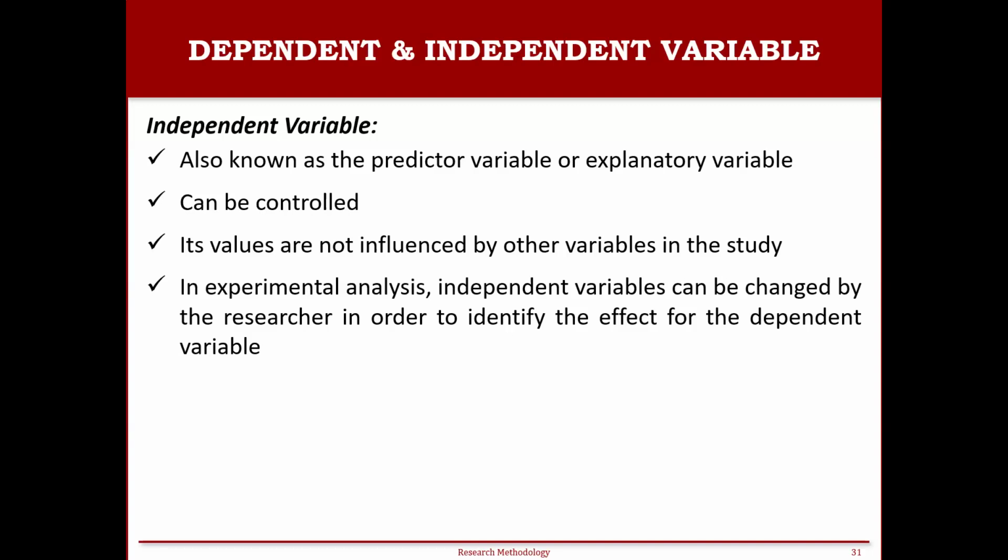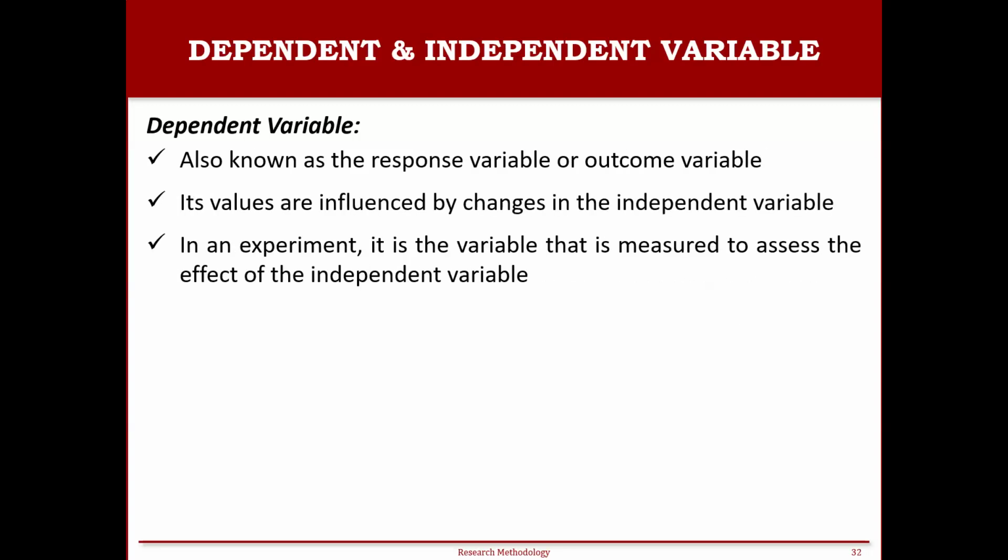And when it comes to the dependent variable, we can't manipulate it. The major thing is we can't manipulate it. This is the variable that is measured or observed to see how it is influenced by the independent variable.